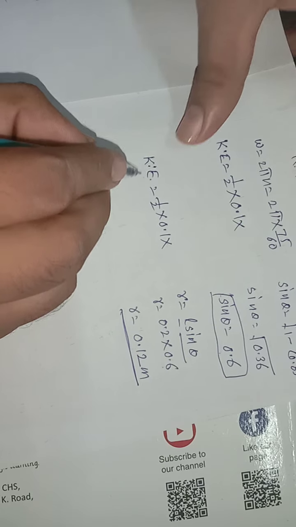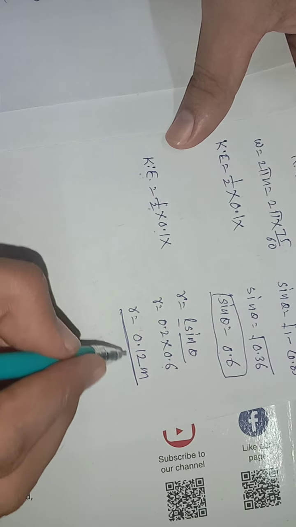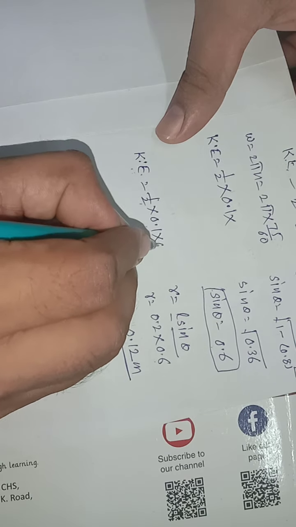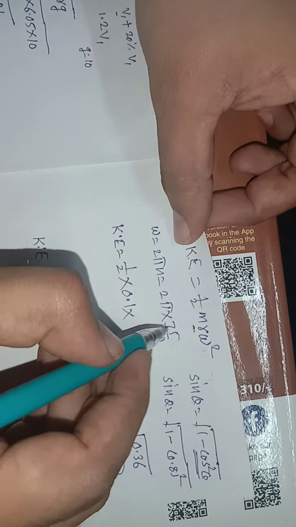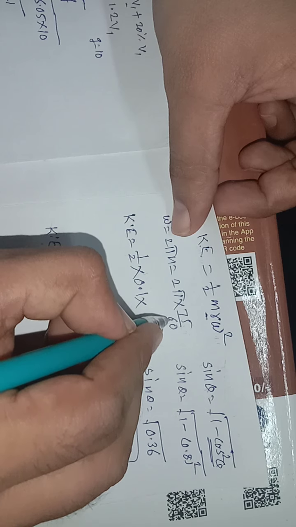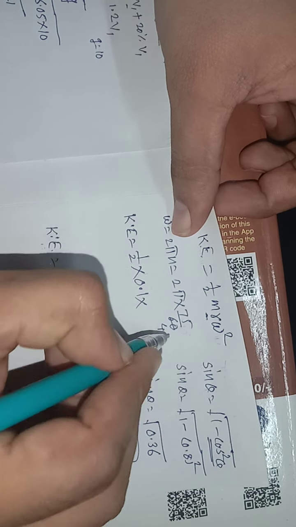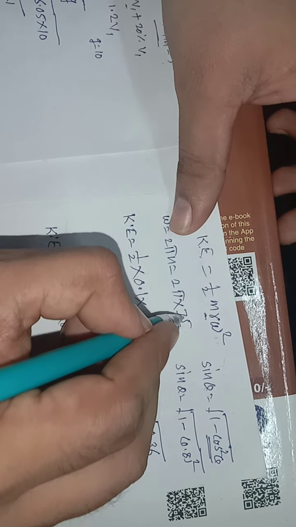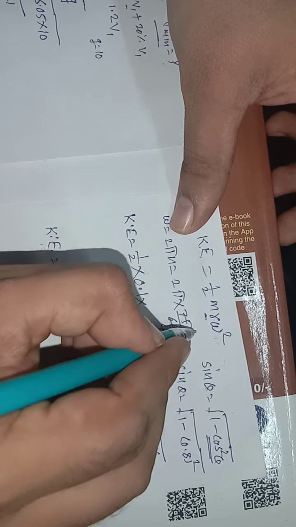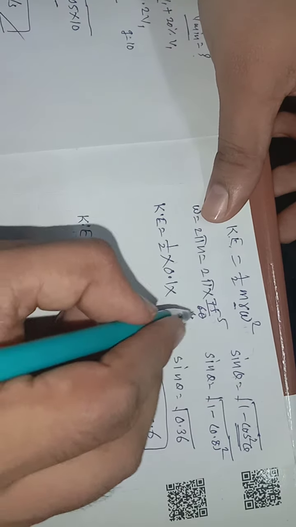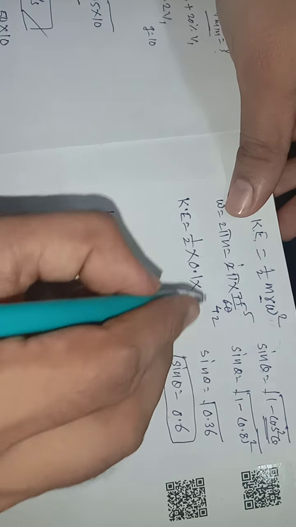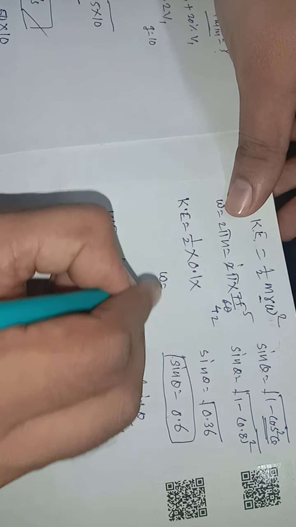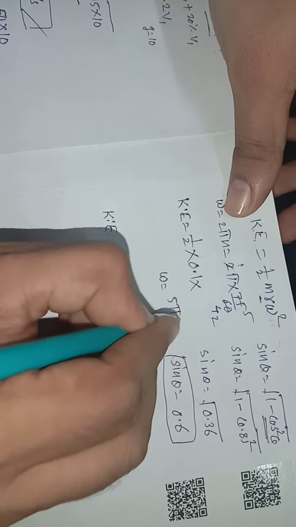Use that here. Kinetic energy is equal to half m r omega square, with r as 0.12. So we can write omega is equal to 2 pi into 75 by 60, which simplifies to 5 pi by 2.